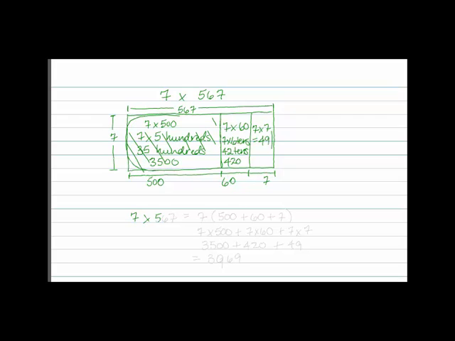So now if we want to break down our problem, 7 times 567 equals 7 times 500 plus 60 plus 7, which equals 7 times 500 plus 7 times 60 plus 7 times 7. And if I finish out my calculations again, I have 3,500 plus 420 plus 49.